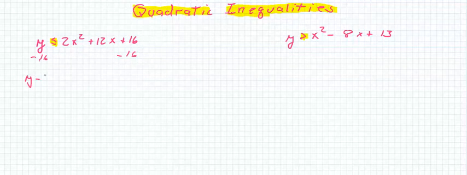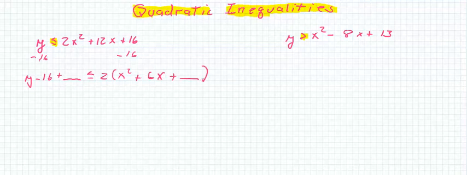y minus 16 plus something less than or equal to 2 times x squared plus 6x, 2 times 6 is 12, plus something. Half of 6 squared is 9.